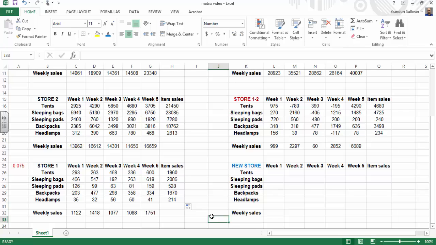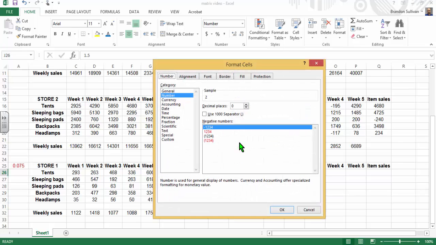To see this again, consider building a store in a new market that has a population size of 1.5 times more than the population around store 1. So here we may expect that sales should increase by 1.5. Let me quickly change this so it shows decimal points instead of rounding.